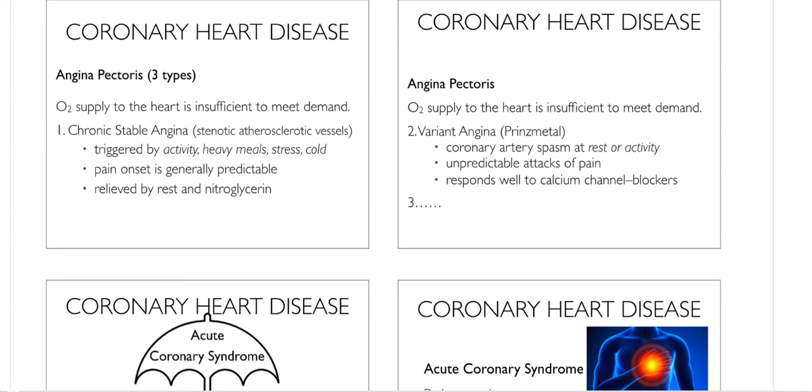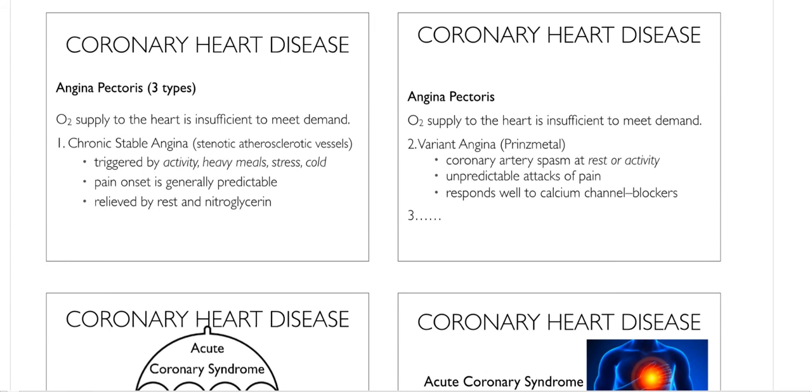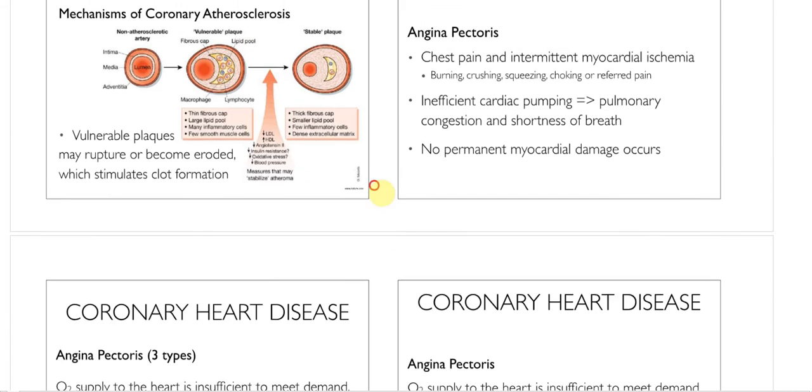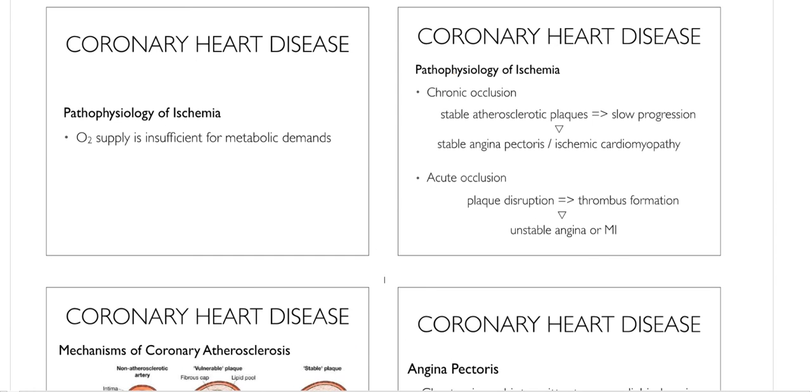We've got chronic stable angina, variant angina, otherwise known as Prinzmetal, and unstable angina. So chronic stable angina is the kind of angina that happens when you have a stable plaque that forms a chronic occlusion.